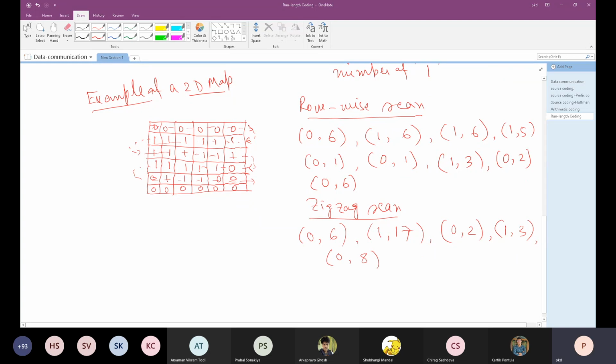So therefore, in this case, say it starts with 0. Sir, you wrote 1, 17, but there is a 0 in between. Oh, 0 in between. This is 6, 12. Oh, 0 in between, sorry.